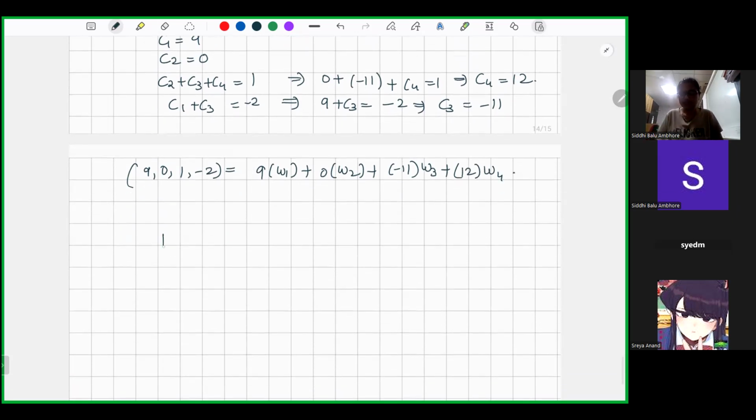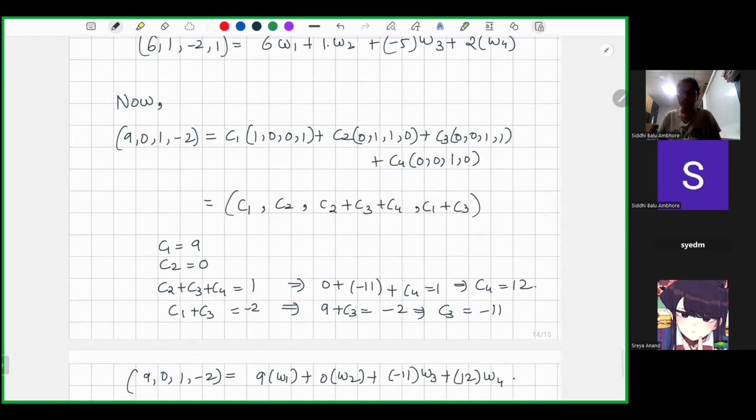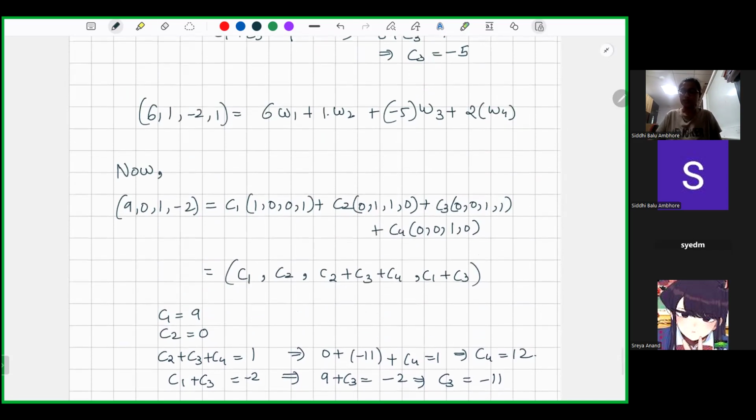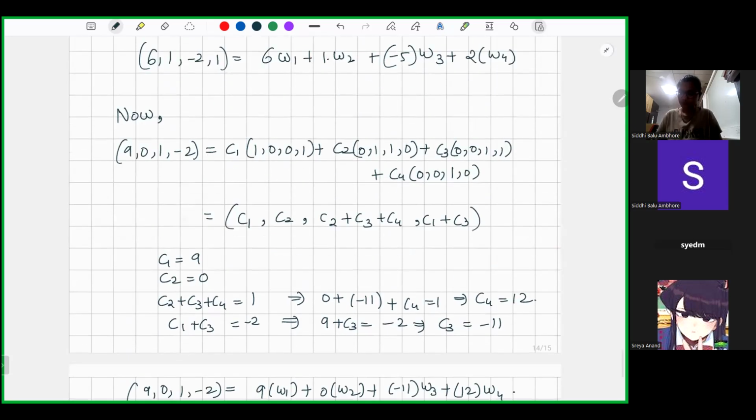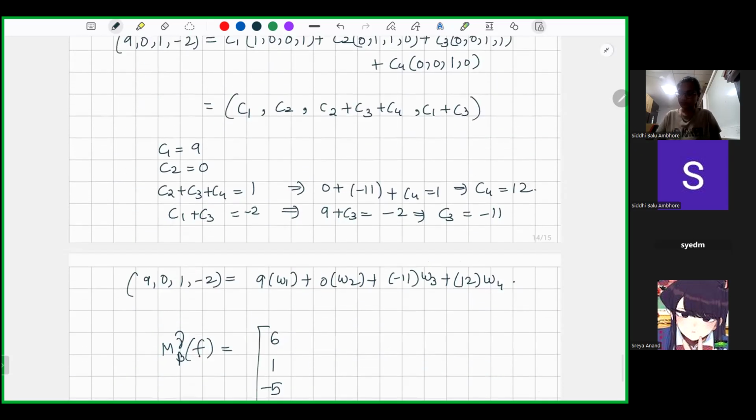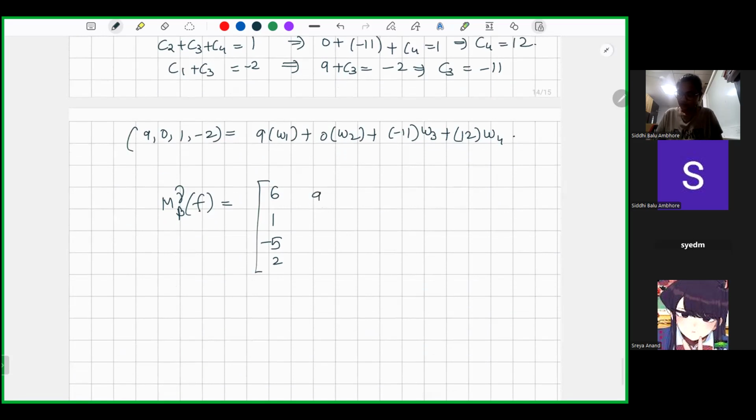And that's it. So my matrix of this F will be just these coefficients: 6, 1, minus 5, 2, and 9, 0, minus 11 and 12.